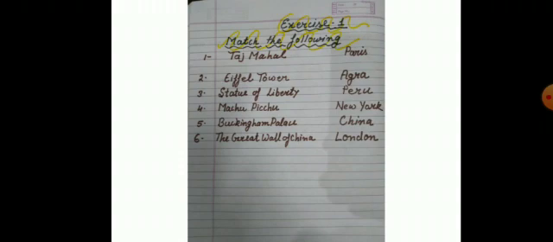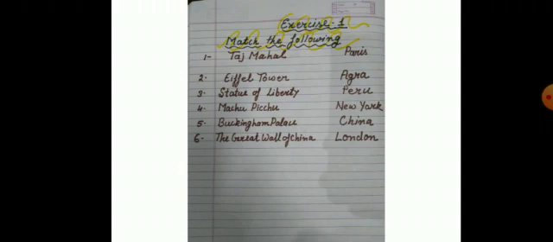And the second side, it is written Paris, Agra, Peru, New York, China, and London. What you have to do? You have to match the places with the correct country. Okay, so this is your exercise.